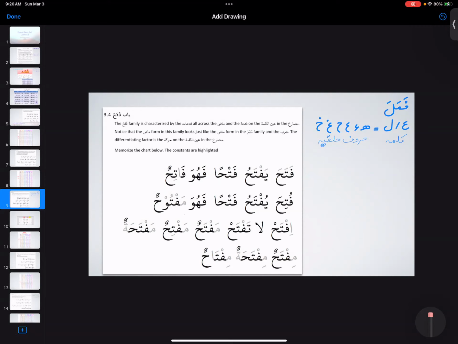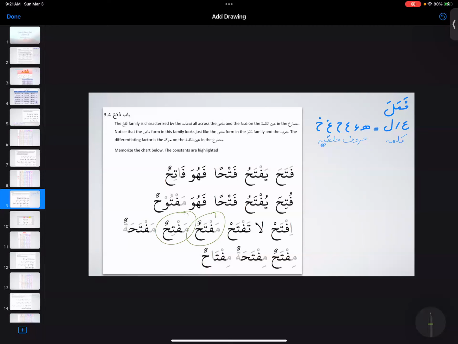As Sarah said, the context will tell us. For maftahun, we use it when there is madmumul ayn and maftuhul ayn in the mudari. Otherwise, we use the maftihun pattern.